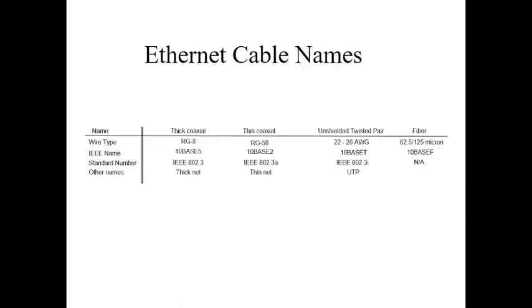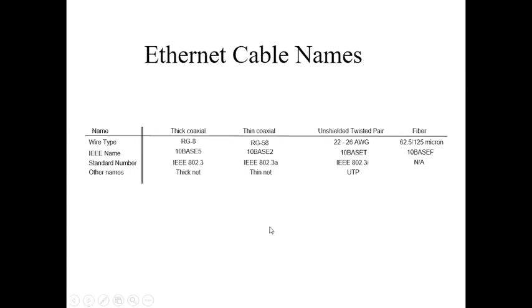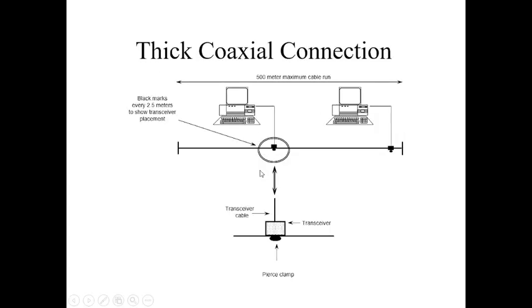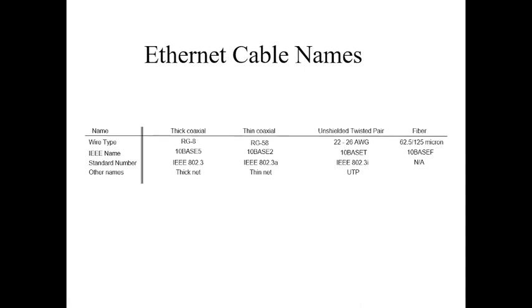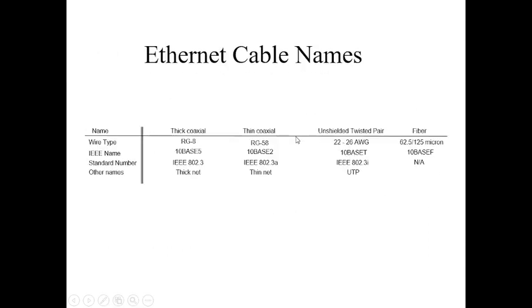So, Ethernet cable names: thick coaxial, thin coaxial, unshielded twisted pair, and fiber.